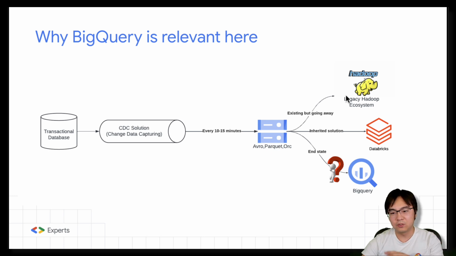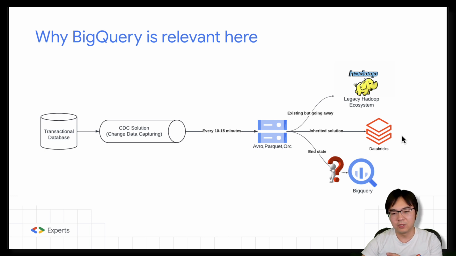And the storage engine behind Hadoop, especially when you use Hive to process data, is that all of those files are stored in HDFS, which is mapped into the Google Cloud Storage layer behind the scenes, and those are stored as ORC files, right?